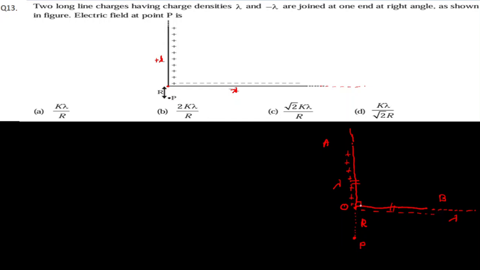Now if we want to calculate the electric field at point P because of the OB portion, what will be that electric field? Let's write here the electric field at point P due to the OA part.